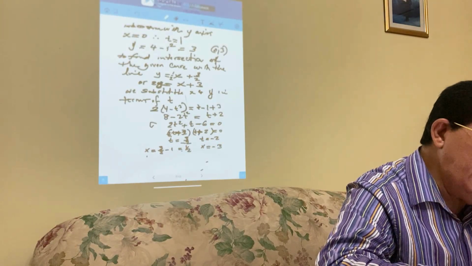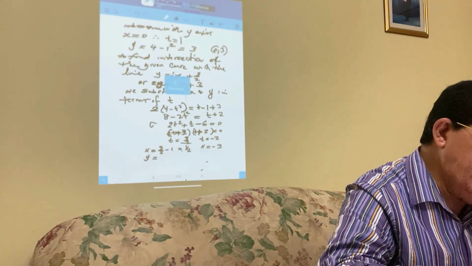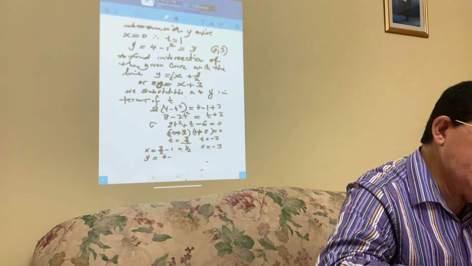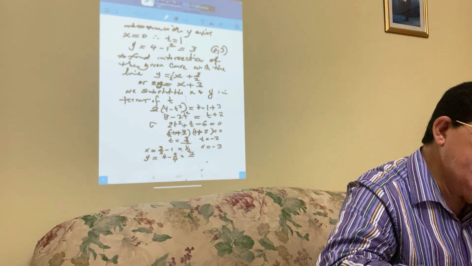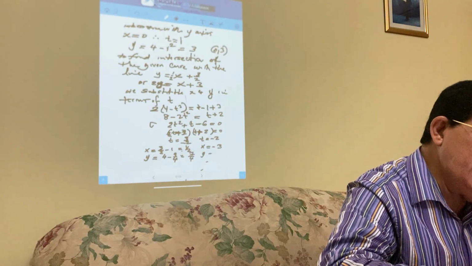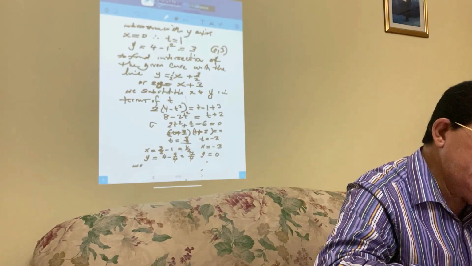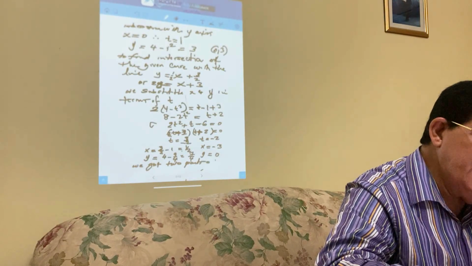Then we get the value of y equal to 4 minus t squared, y equals 4 minus 9 over 4, which is 16 minus 9, 7 over 4, and y here equals 0. So we got 2 points of intersection.